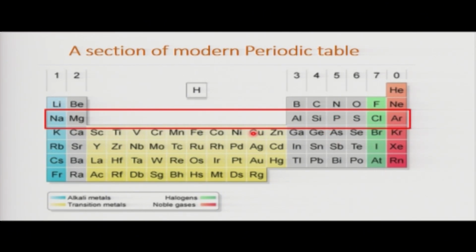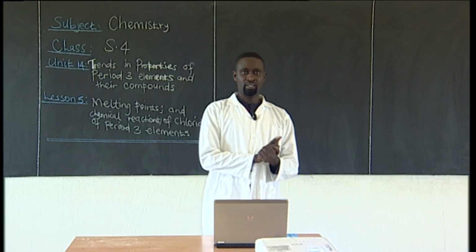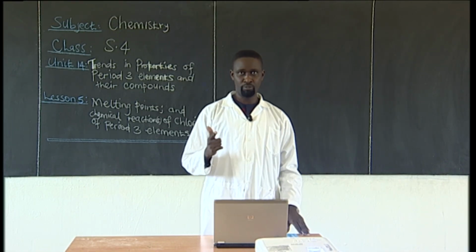What you will cover in Form 6 will be this part, the transition methods, from here up to here, then go down up to there. That is what you will cover in Form 6. So far, that is it with the Senior 4 periodic table.